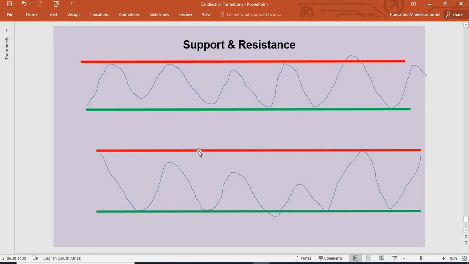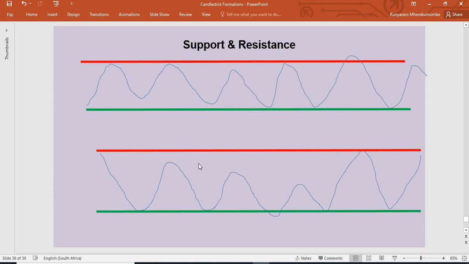Then they can make a hole and go to the next level like that. If they are going to come down or fall through a hole from the top going down, they are expecting to land on the floor of the next level. So that is the same concept which we use to define support and resistance.